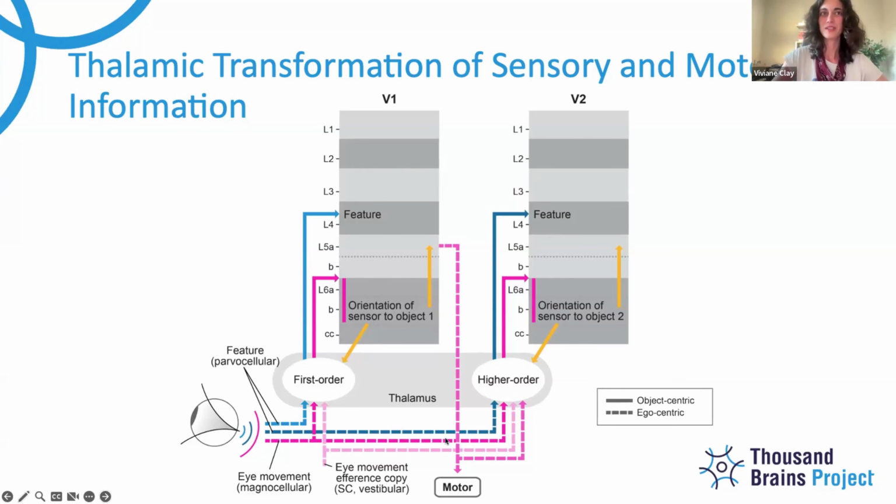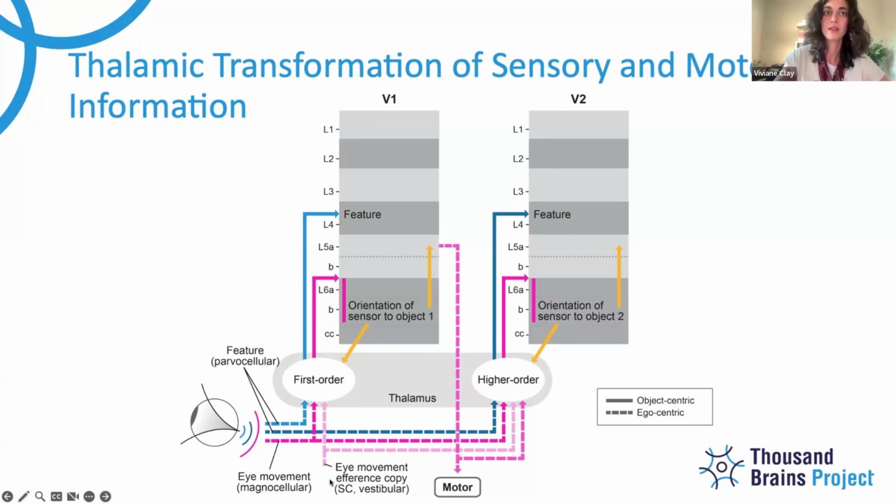Another thing that's shown in this figure is the different types of movement input that can be used by the neocortex to move us through the reference frame of the object. And so we can get movement information either from the retina itself, like optic flow. For example, you can watch someone play a video game and without controlling anything, you know how this person is moving through the virtual world just based on how the patterns are moving on your retina.